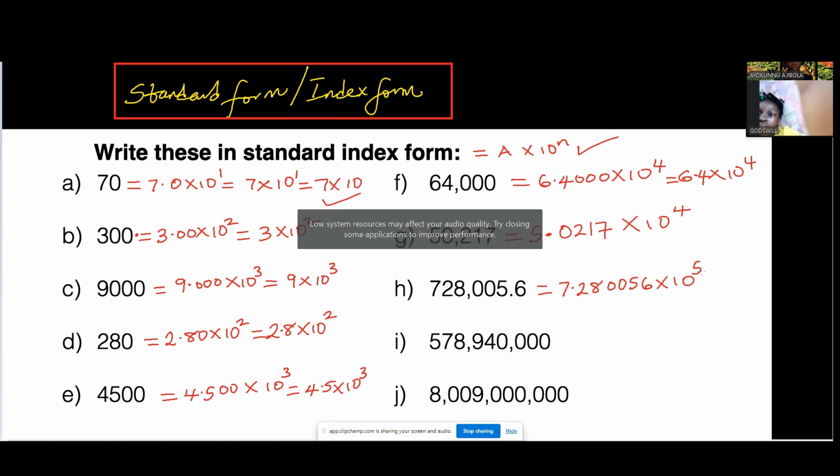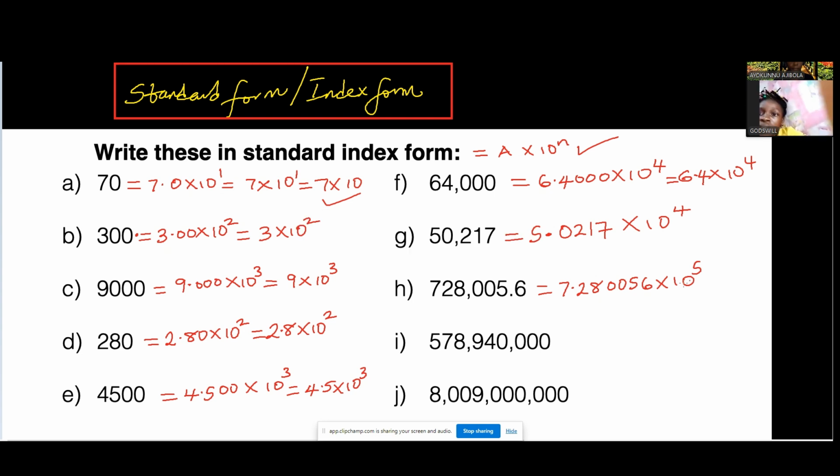Is that clear? Did you notice I shifted the point? I said the point here is at the back. One, two, three, four. That's why I put four here. Okay. Is that clear?